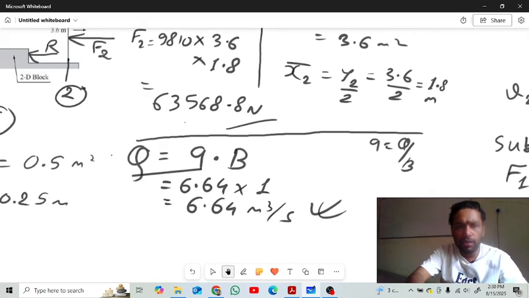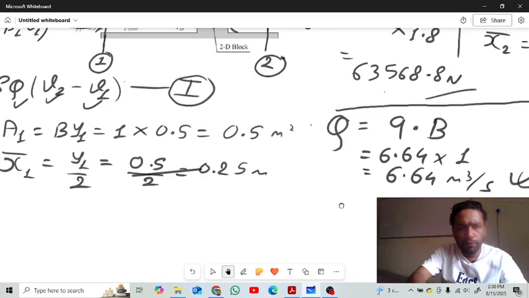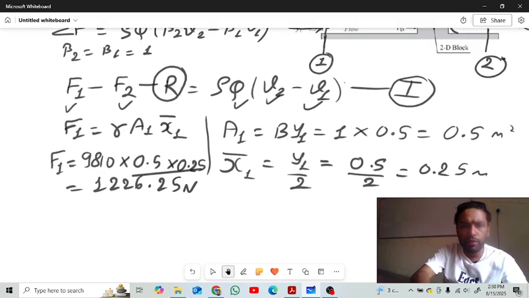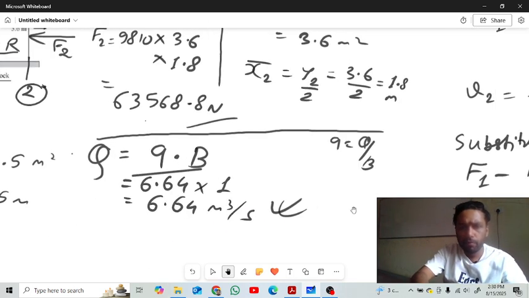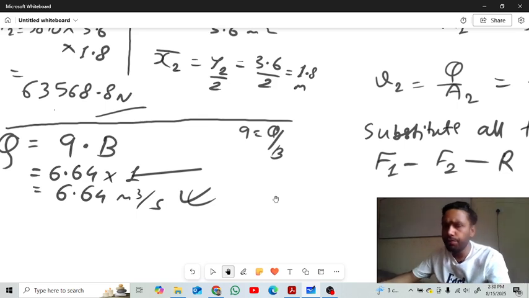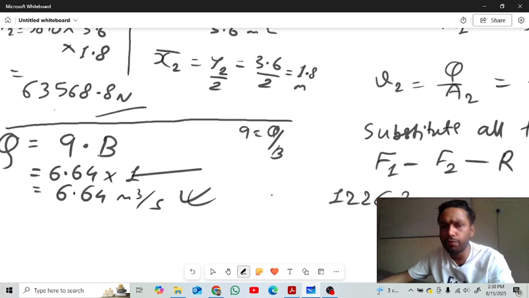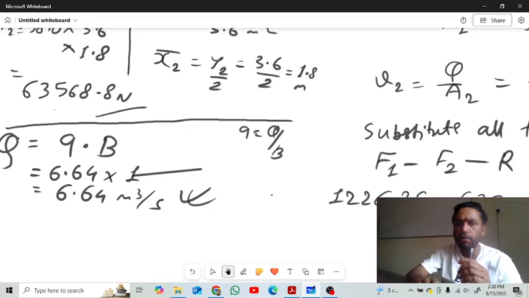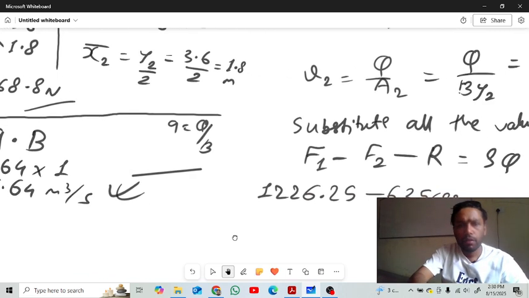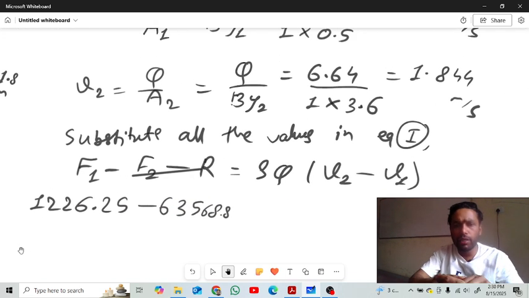F1 is 1226.25 Newton, minus F2, which is 63568.8 Newton, and R, you need to calculate R.